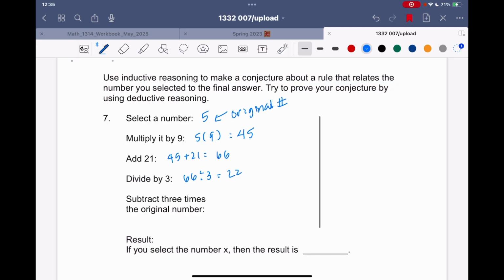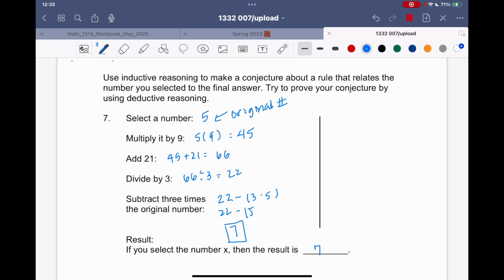So 3 times 5 is 15. 22 minus 15 is going to give me 7. So my result is 7.